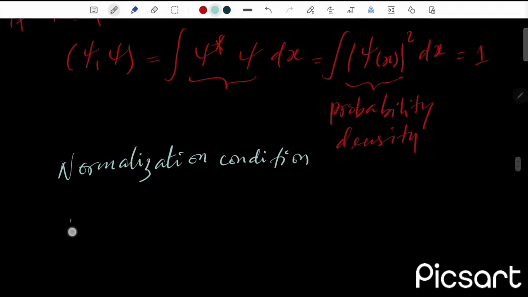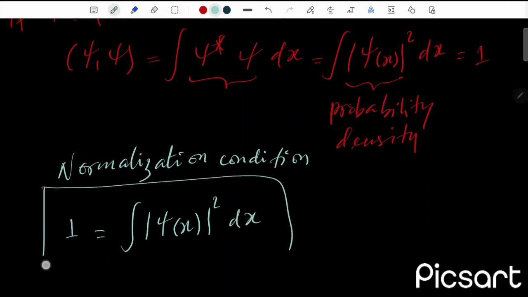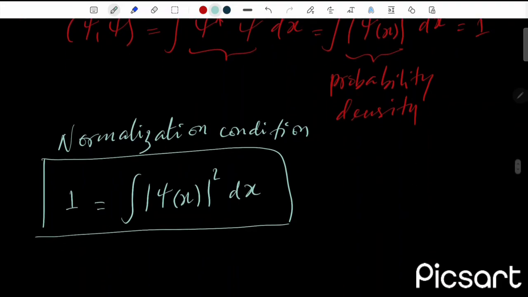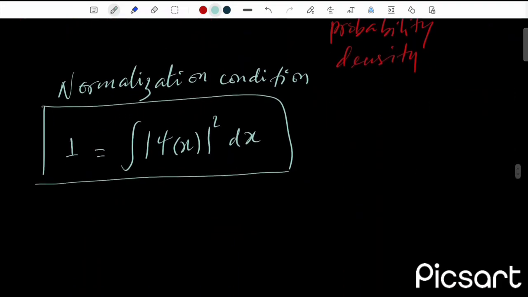Normalization condition: 1 is equal to the integral over the whole space of the square of the modulus of psi of x dx. Okay, this is the normalization condition. Now we can go on to try to solve the first and the second exercise.